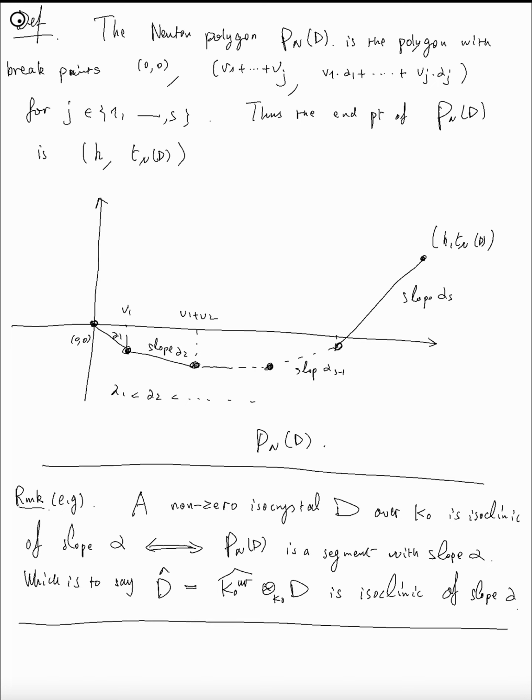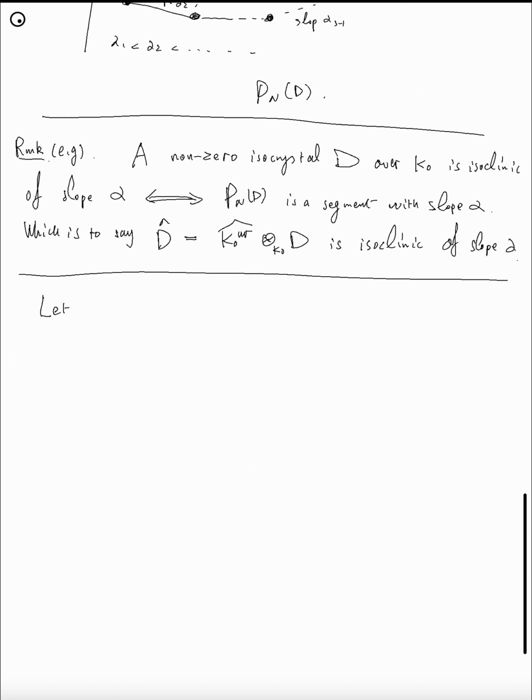Now let i1, i2, up to is be such that Fil^ij D over Fil^ij+1 D, which is a subquotient, is not 0, which means there is a jump.